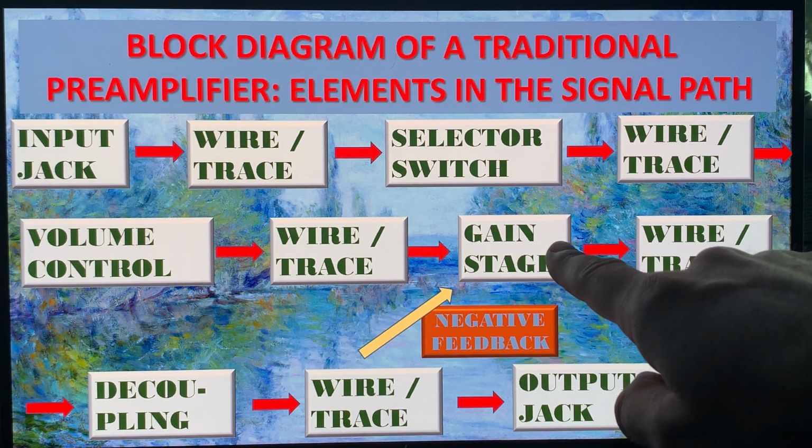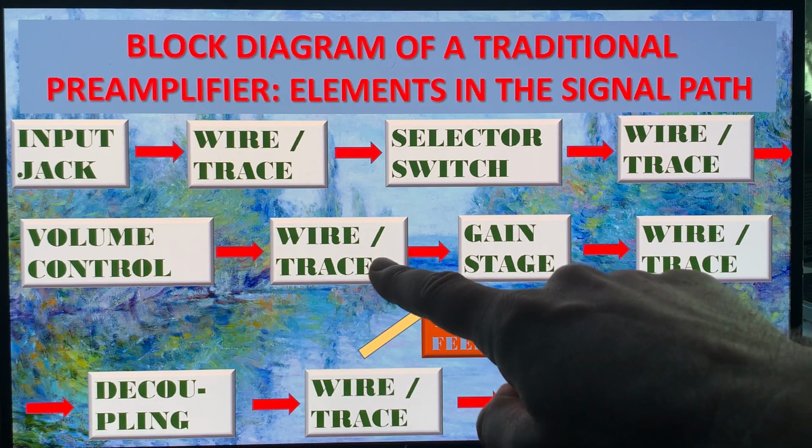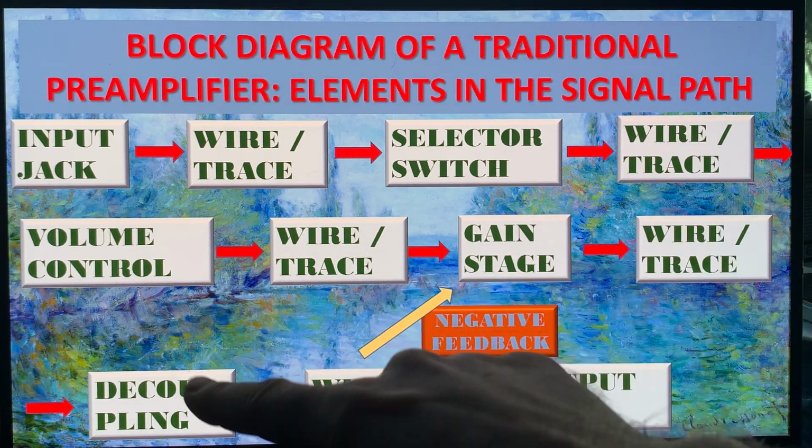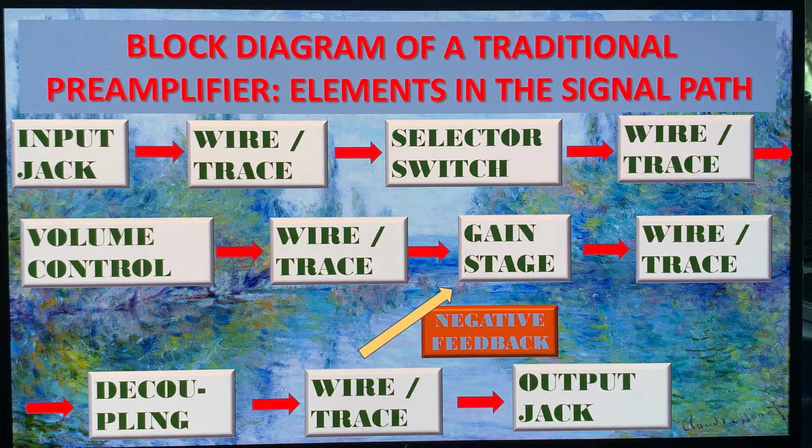This block, like the wire gain stage, wire decoupling, appears at least twice or three times, and maybe four times in certain units, in every single preamp on the market. And if you have three of these blocks, then we have already doubled the number of units that transform and alter the sound.